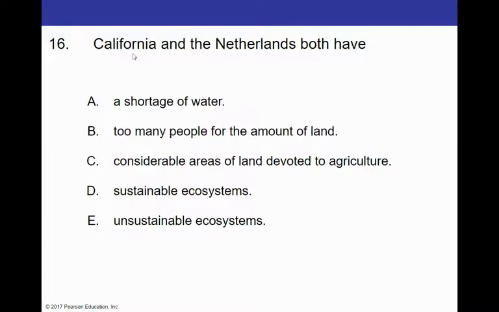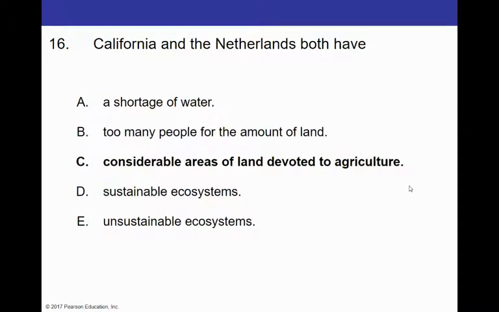That is true for California, but not for the Netherlands. C is still in contention. D and E are opposite of each other. California is unsustainable. Netherlands is sustainable. So D and E are both out. So the only thing we're left with is C, considerable areas of land devoted to agriculture.